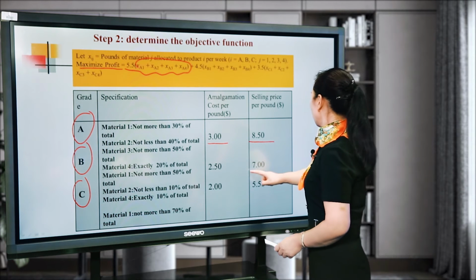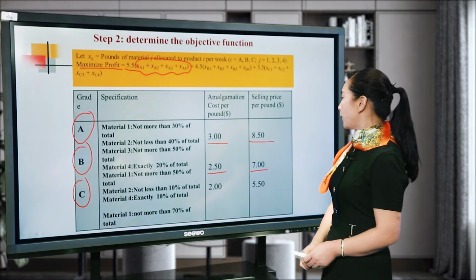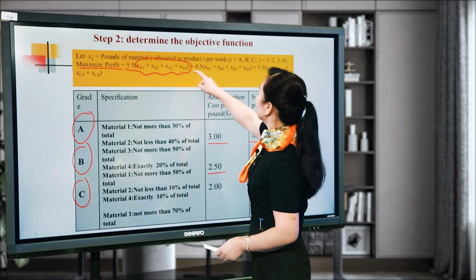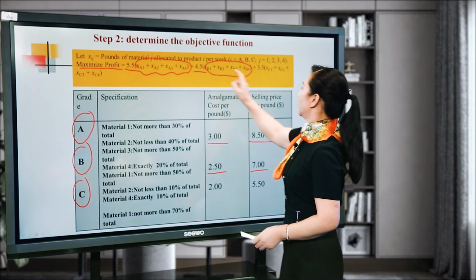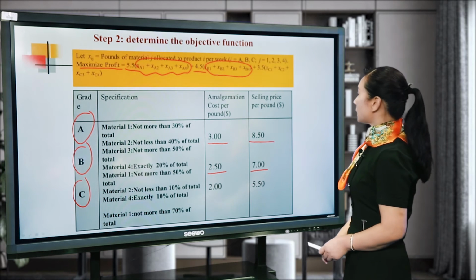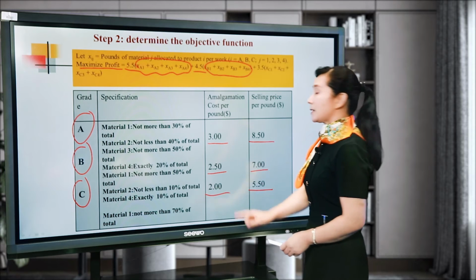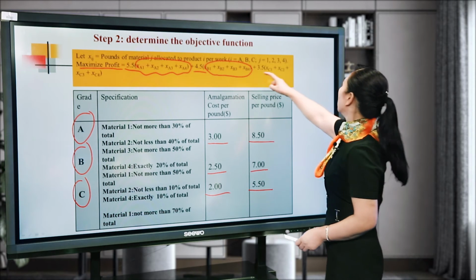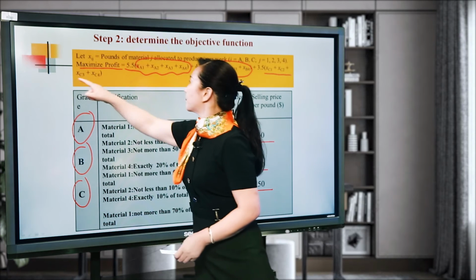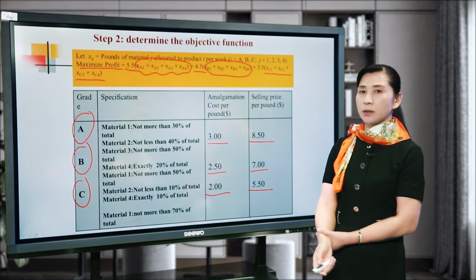Grade B profit is 7 minus 2.5, which is 4.5 times the grade B total amount. Grade C profit is this number minus this, that is 3.5 times the amount of product C. This is the objective function.